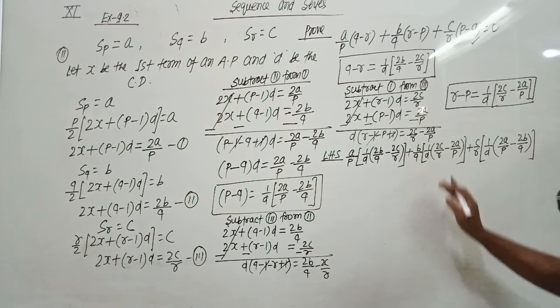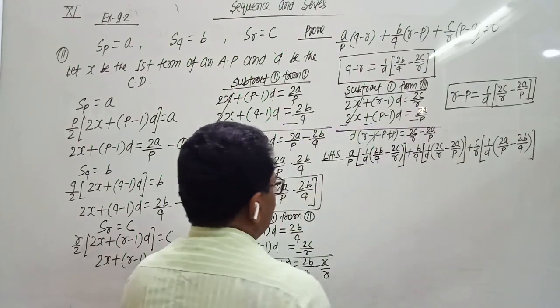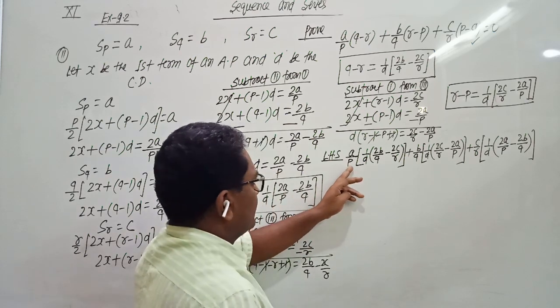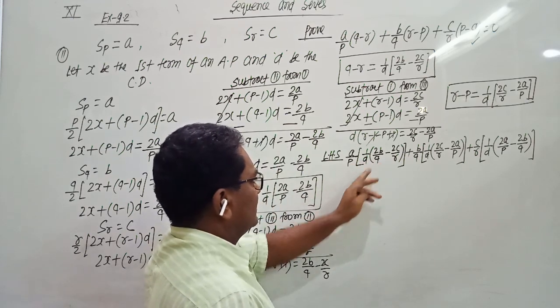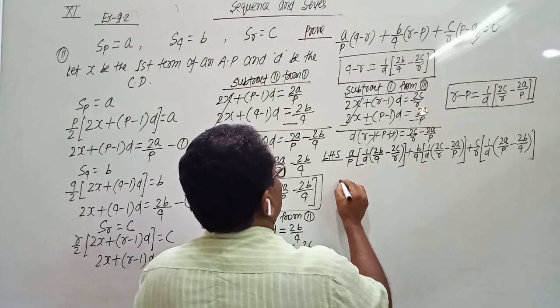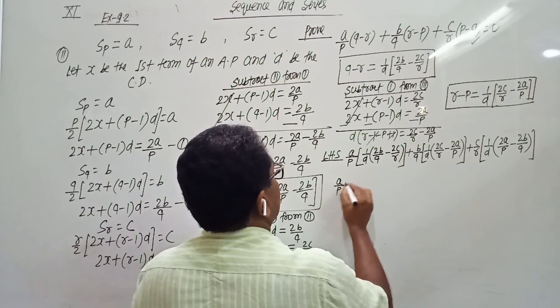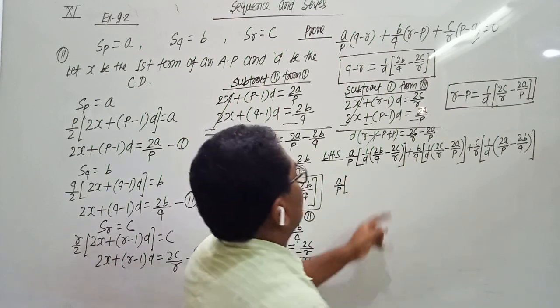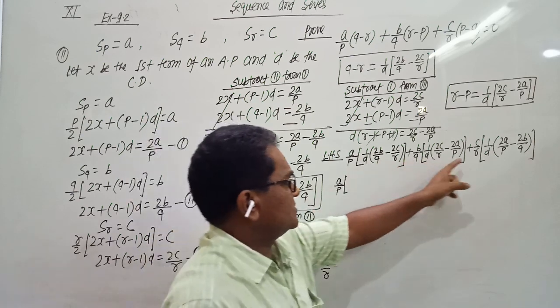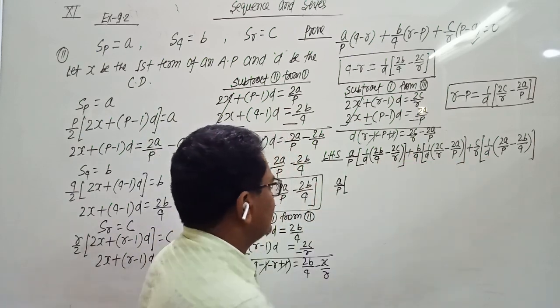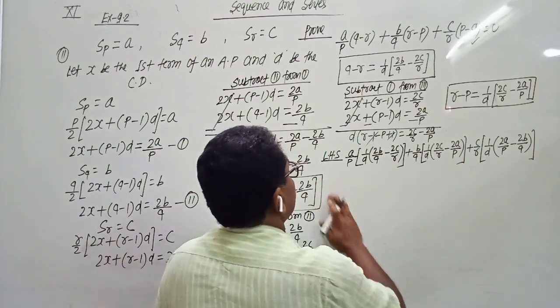Then we solve this expression. From all these three terms 1/d is taken common outside.